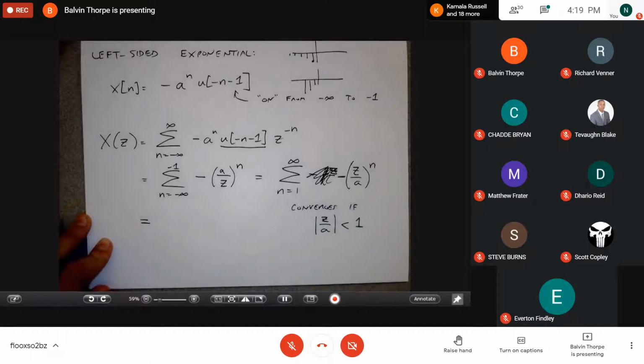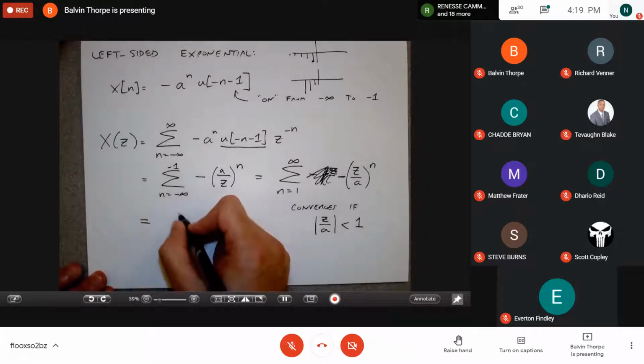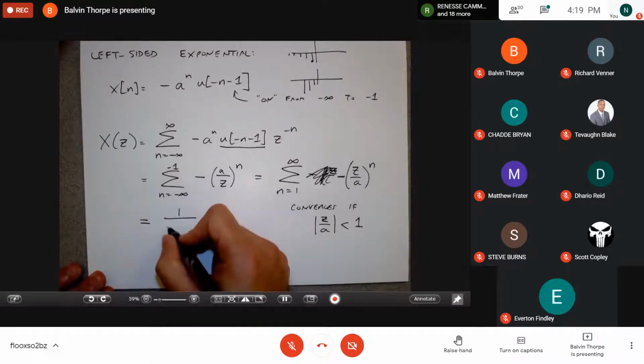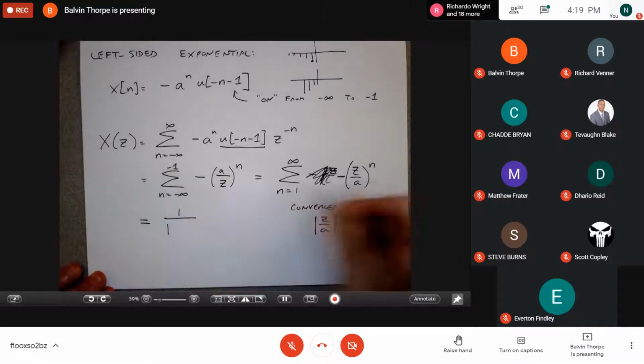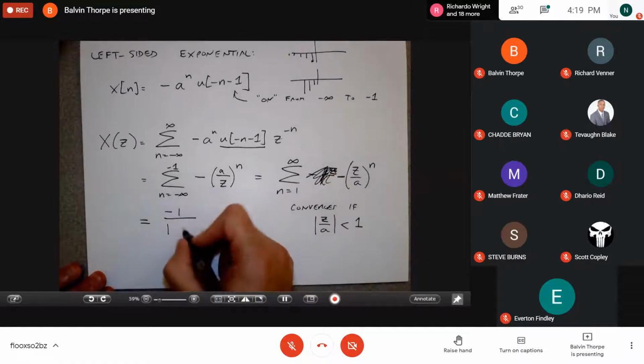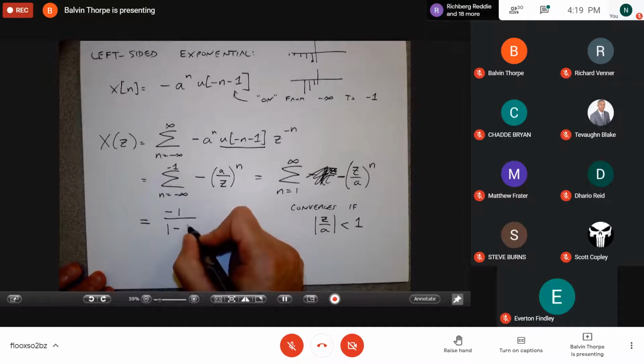I need to have each of these terms getting smaller and smaller. And then what is the actual value of the sum? Well, it's like 1 over 1 minus this. Again, here, I've got a negative sign that comes out this way, so it's like this, minus this.